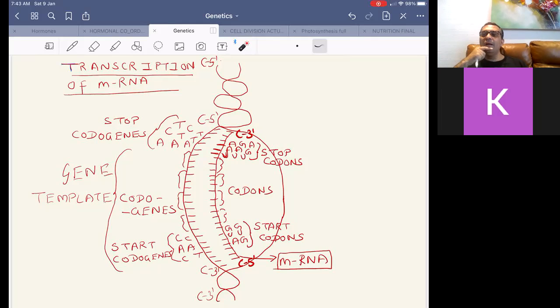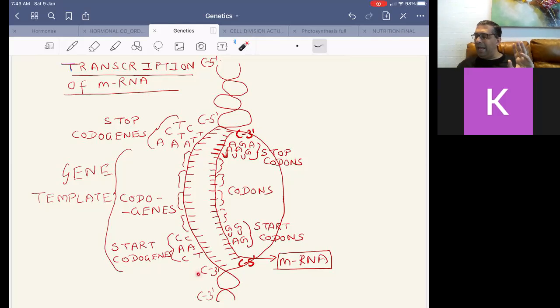Sounds familiar? This is like DNA replication. But remember, in DNA replication, first the DNA endonuclease had broken it into different fragments. And after endonuclease breaks, then helicase removes the hydrogen bonds. Here, we are not replicating the DNA. So there is no action of endonuclease.